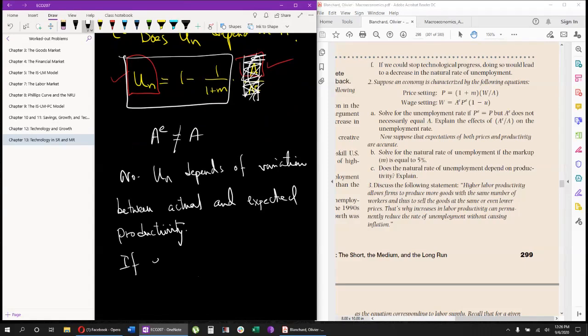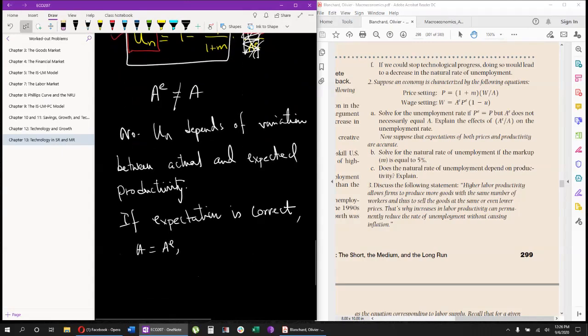If expectation is correct, which is basically if A is equal to AE, then what happens is that real wage adjusts. As we've seen, there's going to be negotiation.